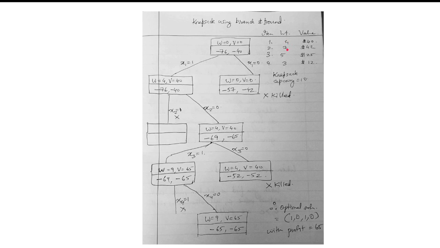So you cannot add the second item, and you stop there. You get minus 76 comma minus 40. You don't try to add 5 and all that. You just add one item after the other until the weight is exhausted. So you have here minus 76 and minus 40.